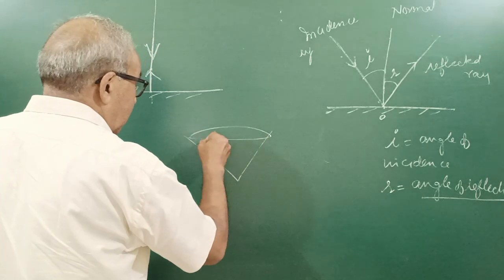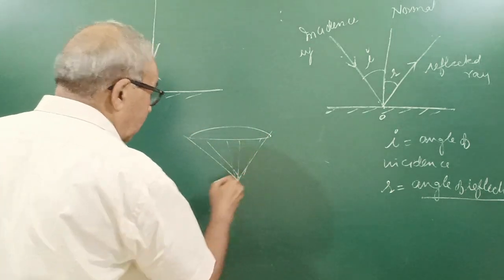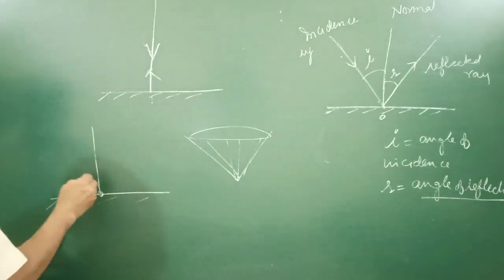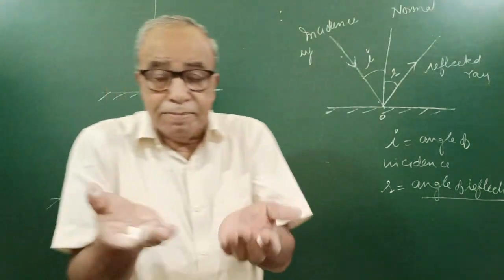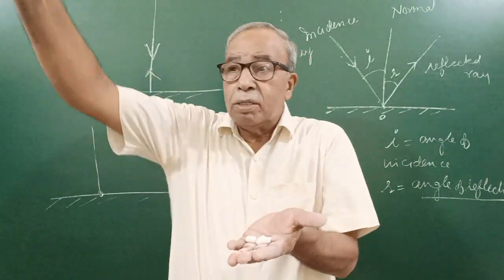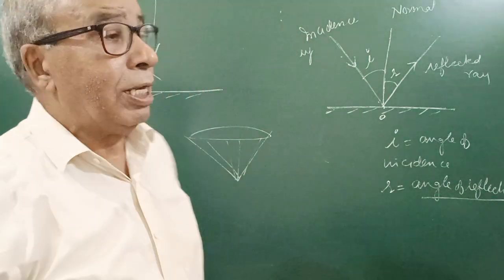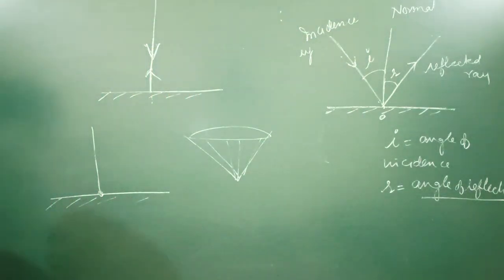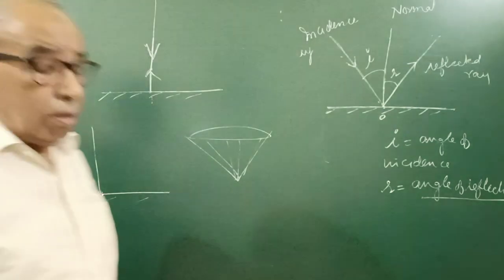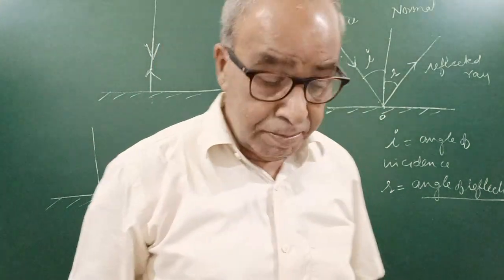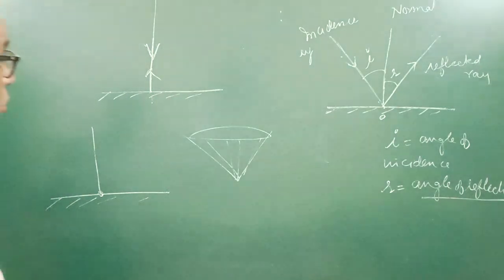Look at the three-dimensional view: one ray this way, another ray this way, another this way. At one point, infinite rays can fall with the same angle of incidence. I hope you have enjoyed this.